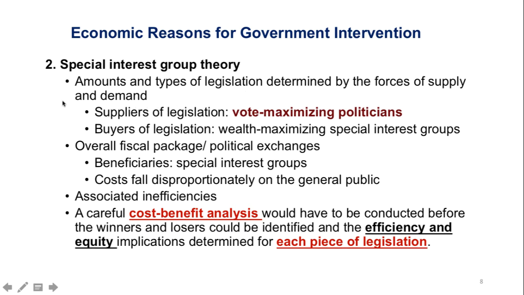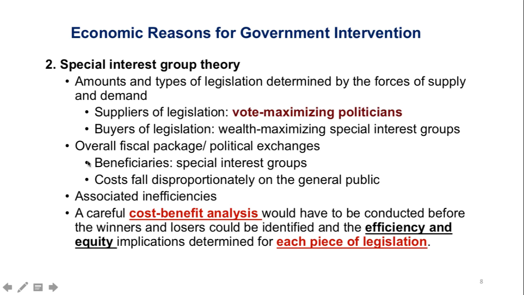So the suppliers of legislation are mainly the vote-maximizing politicians, and the buyers of legislation are wealth-maximizing special interest groups.